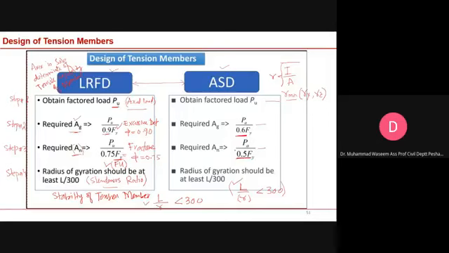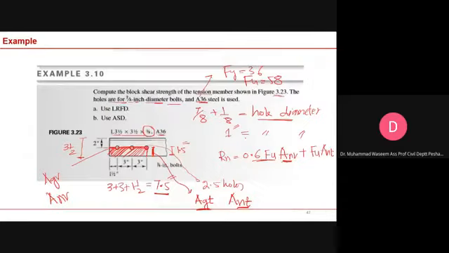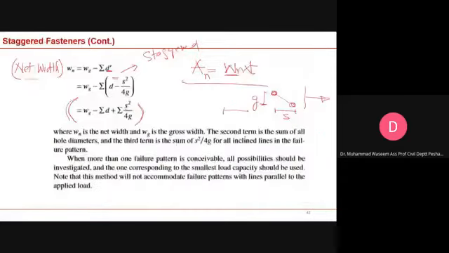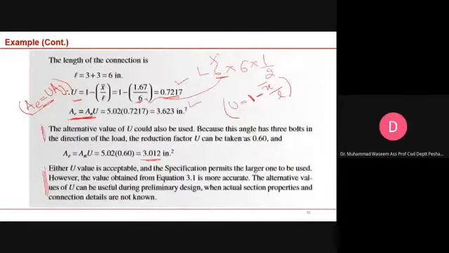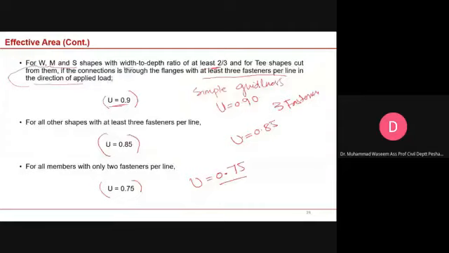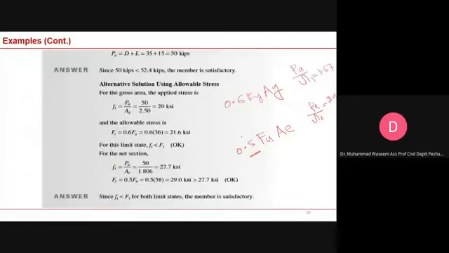These are the values. If you go back and recall your memory, I would have told you somewhere here what we do in ASD. In ASD, either you can use this approach for fracture, or for yielding or excessive deformation, either you can use this formulation or you can use this value of allowable stresses. And for the fracture limit state, either you can use this value, this formulation or this formulation.